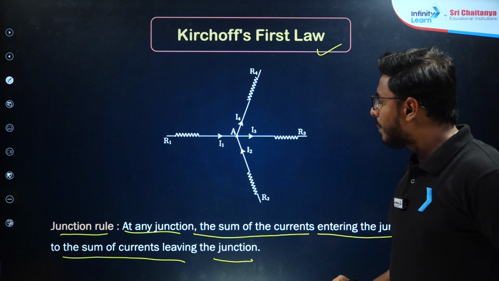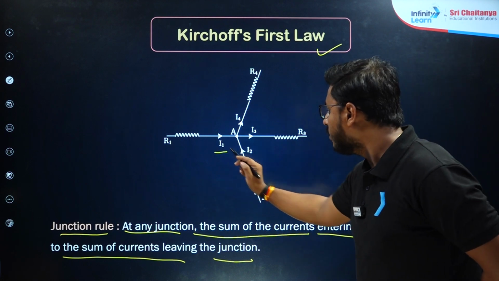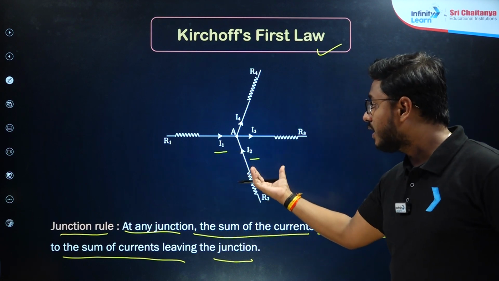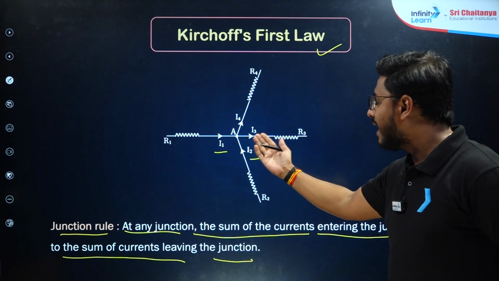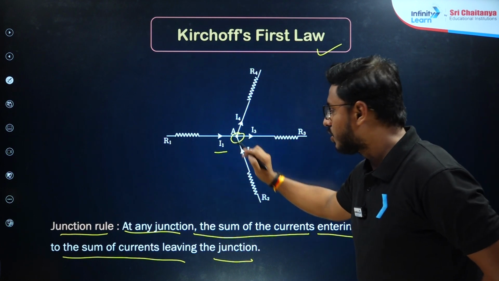Here in this example, you can see that I1 and I2 are the currents entering the junction, and I4 and I3 are exiting from the junction, not the circuit.